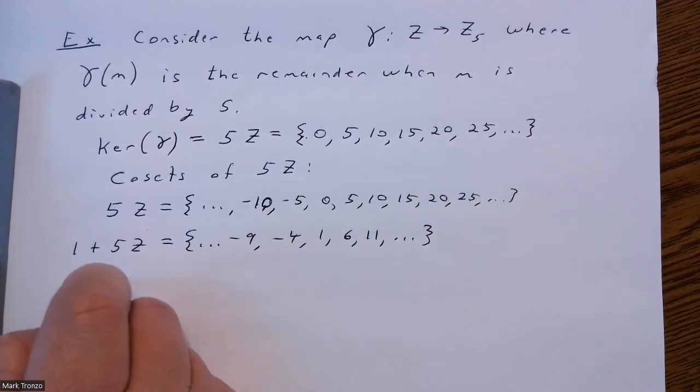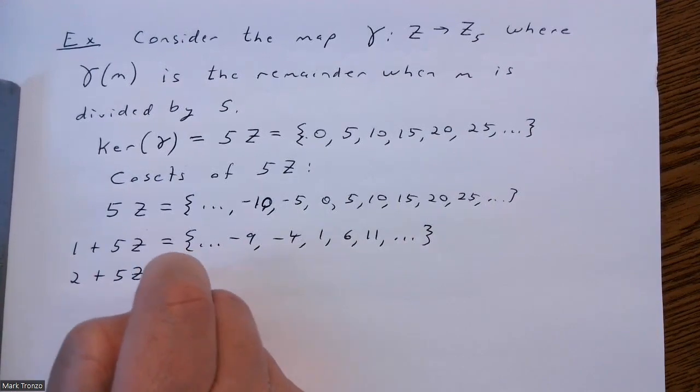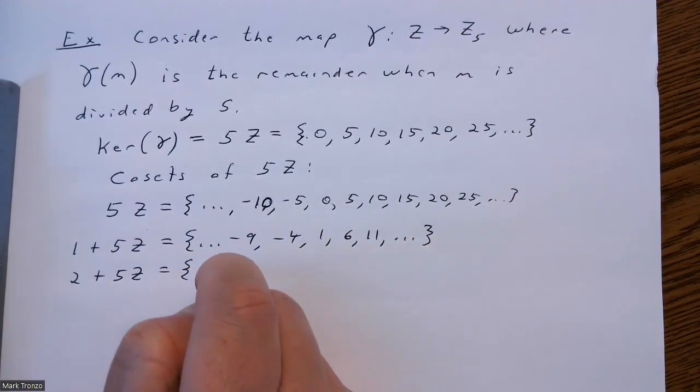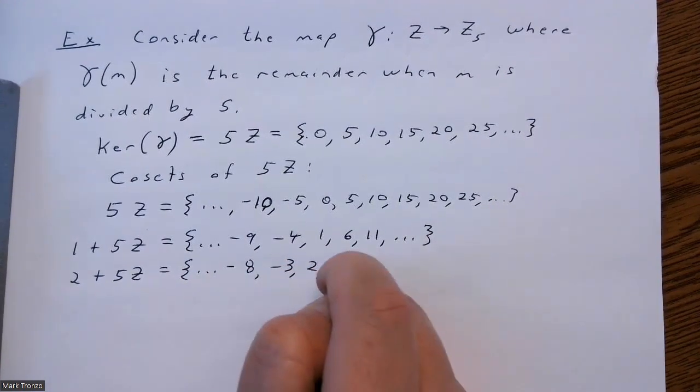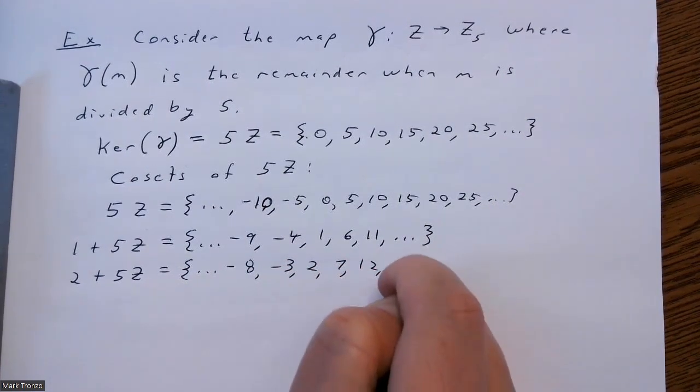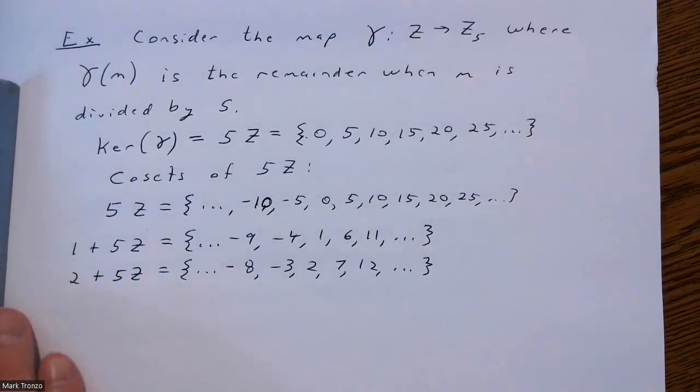If we add 2, we're going to get negative 8, negative 3, 2, 7, 12, etc.